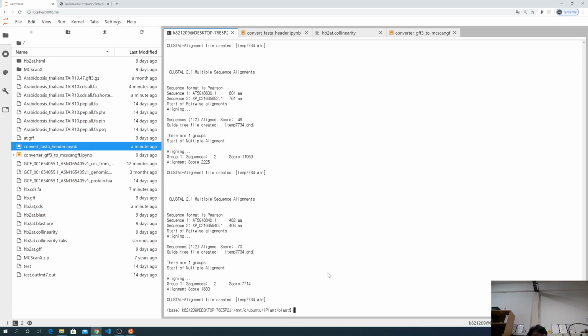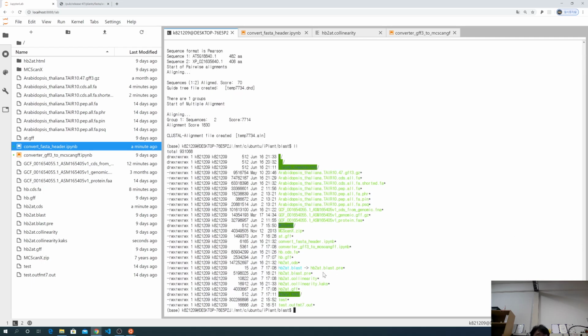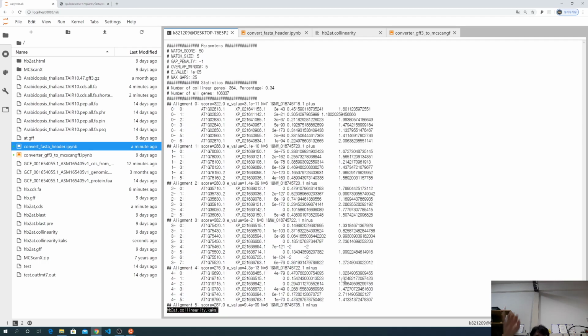Okay, so now we produced KaKs data in this way. So this is the Ka value and this is the Ks value.